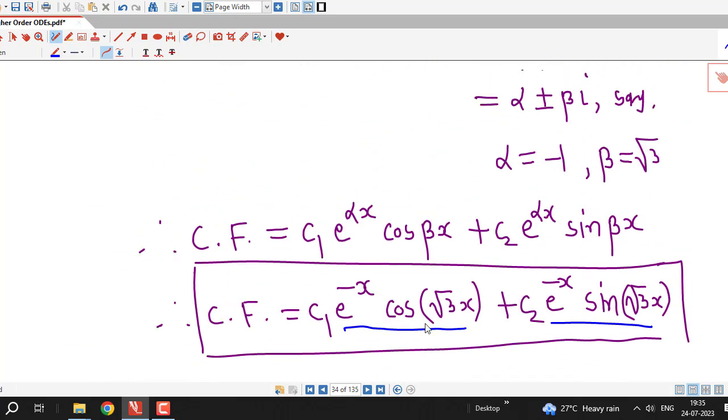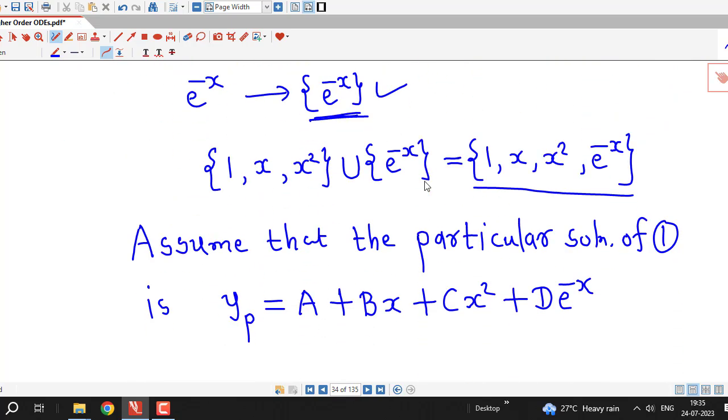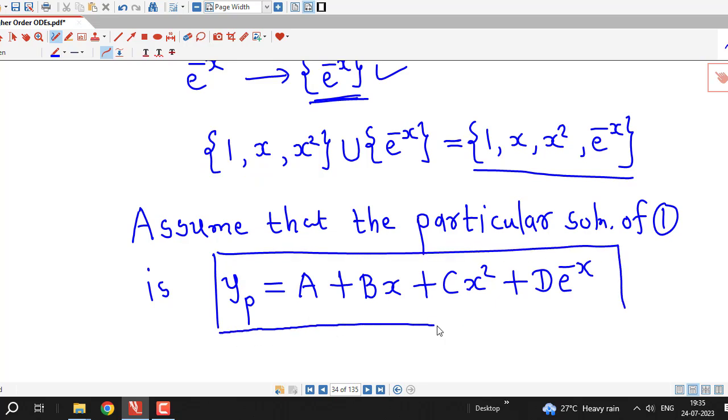Whenever we have the method of undetermined coefficients, depending upon the right hand side, we can always say that our solution is in a particular form, that we decide from the right hand side function. Now once we know that our solution is in this form, the only thing that remains is to determine these coefficients a, b, c and d.